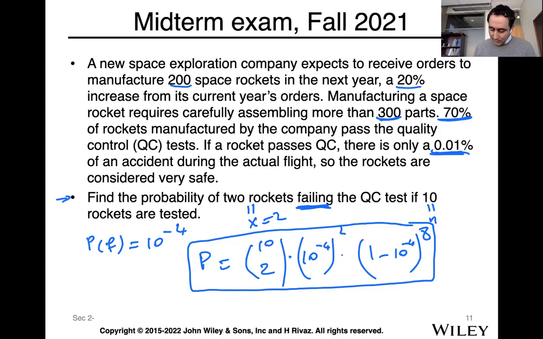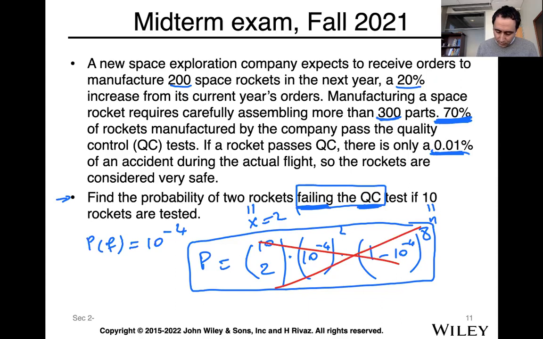The question is explicitly asking for failing QC, and what I wrote here is incorrect because I wrote the probability of the rocket failing, and I didn't read the QC part. So this is wrong.